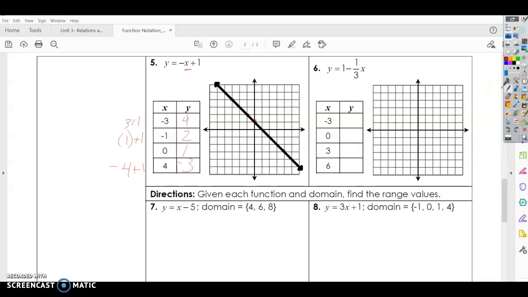All right. Let's look at number 6. Again, our independent variable x's, they have been given to us, so we're going to take these numbers and substitute them in for x. -1/3 times -3, that becomes 2 negatives is a positive, and the 3's cancel, so that's 1. So 1 plus 1 is 2.